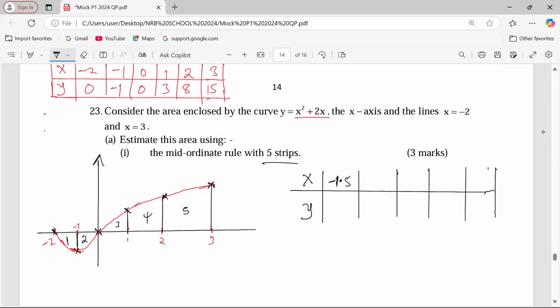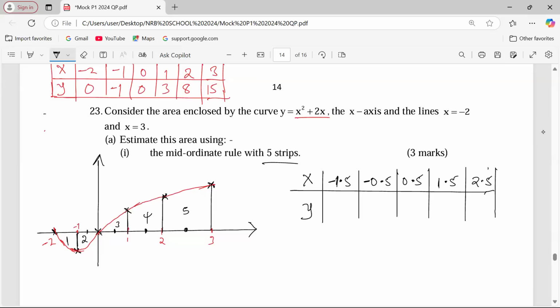Then for the next strip, the middle value of x shall be -0.5. And when we go to the other side of the x-axis, we'll talk about 0.5, then 1.5, then 2.5. So we need the values of heights at the middle values of x. So the middle heights now is what we need.